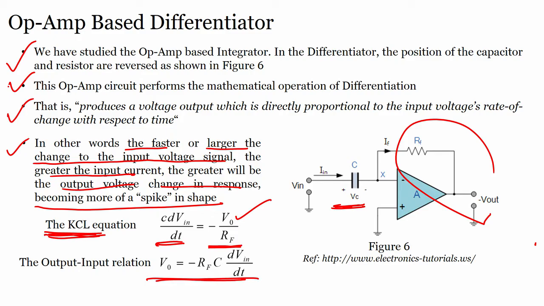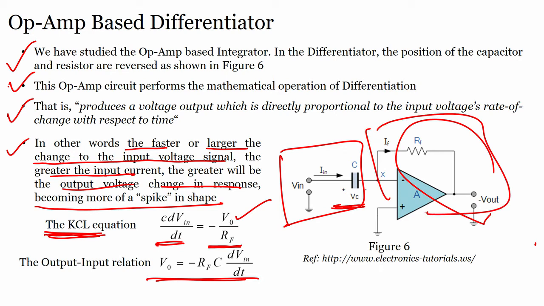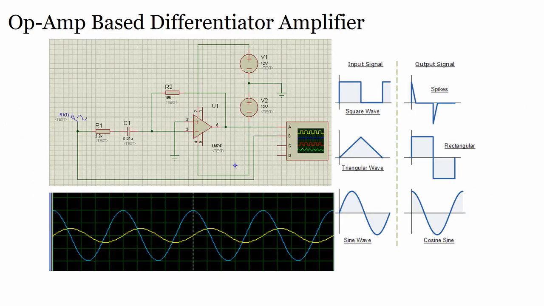It is very easy, right. Understand Kirchhoff current law, you will understand this part, then you see that this is equal to this, and from that we find the output voltage VO, which equals minus RF C into dVin by dt. Alright, it is extremely easy.